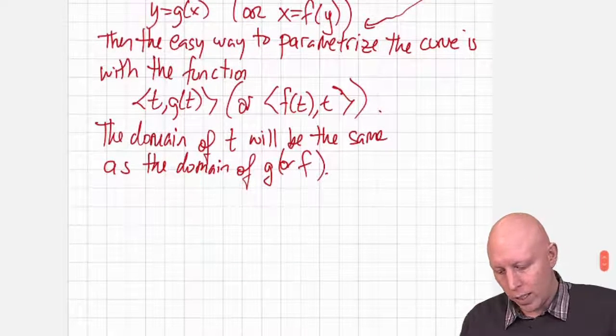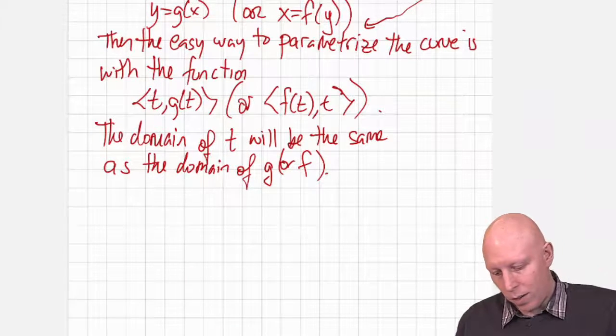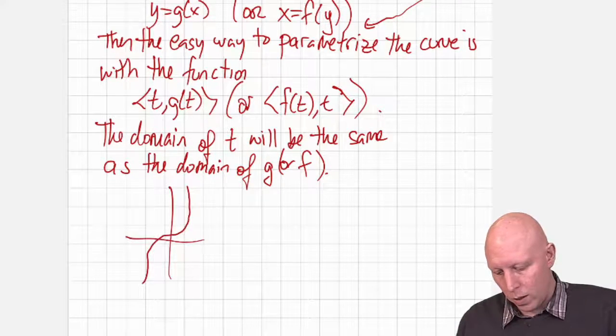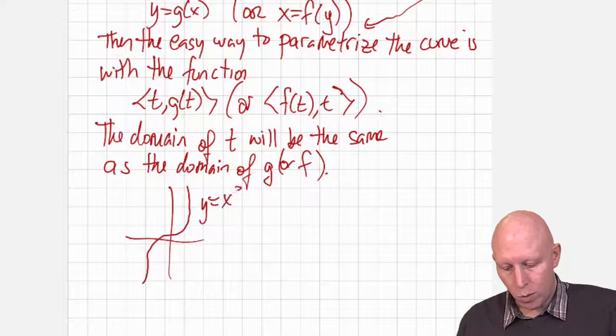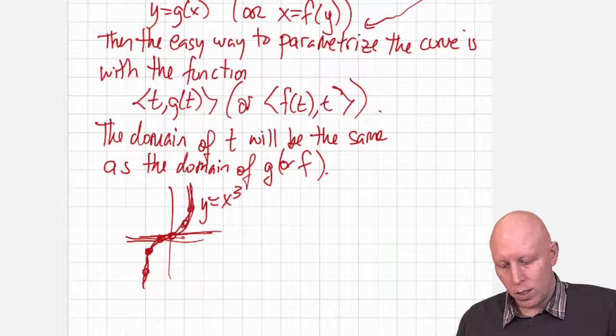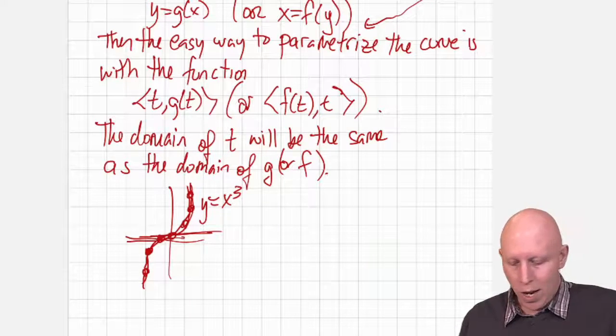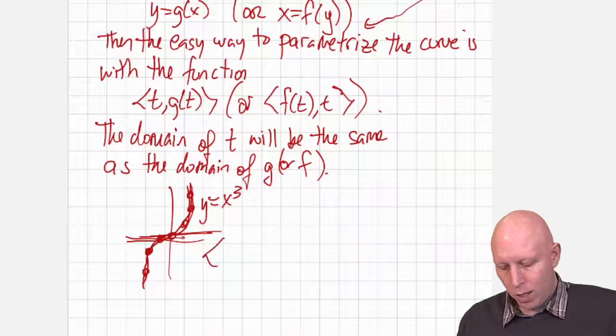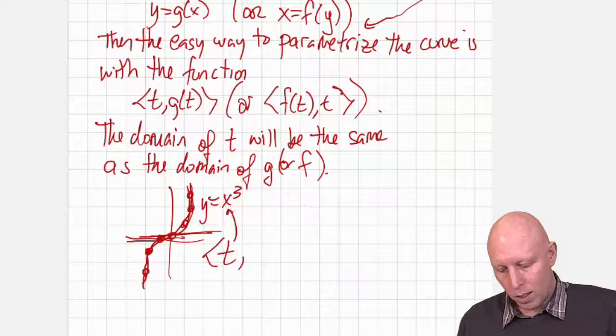All right, what does that look like? Let's say you have a function y is equal to x cubed. Then one way to parameterize this function is to say, well, we're going to let t just be the x value of the function. And the reason why we would do that is we would say, oh, if we let x just be the t value, then y, if we plug in t for x, we get t cubed.